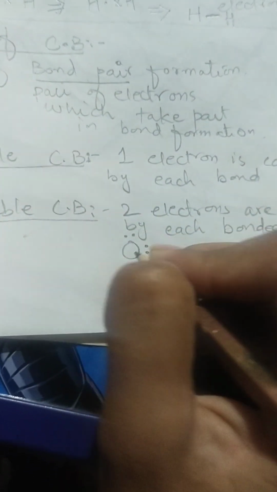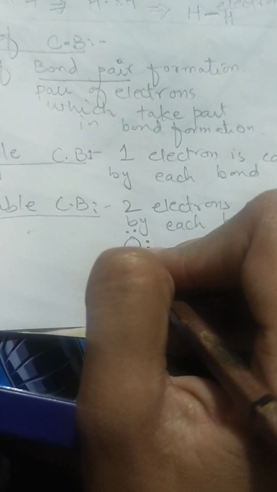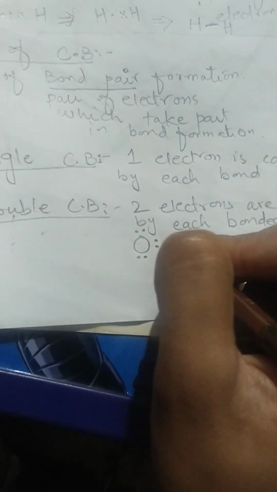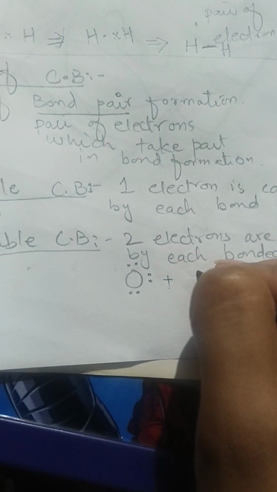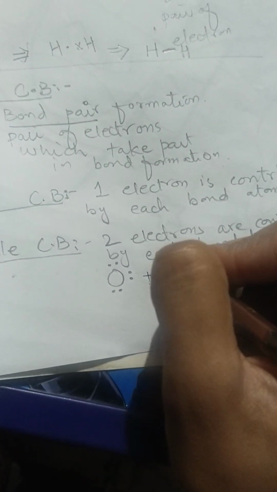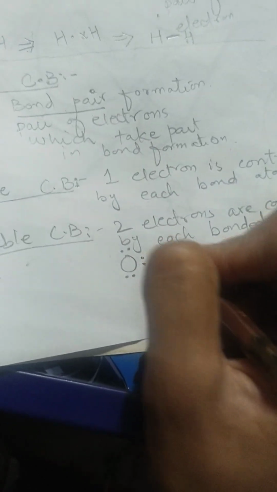and as we already studied, atoms either follow duplet rule or octet rule to complete their valence shell and to attain stability.